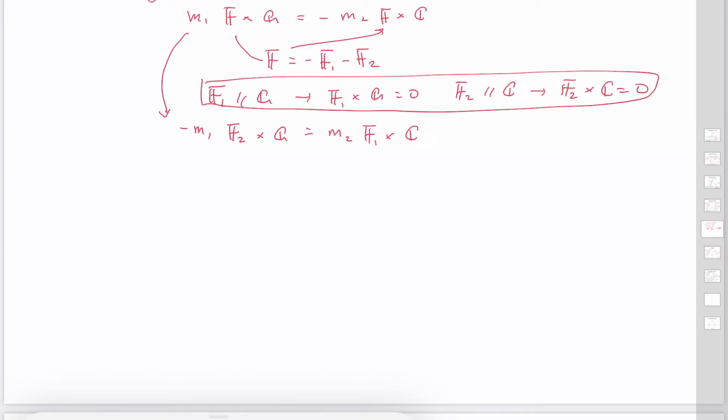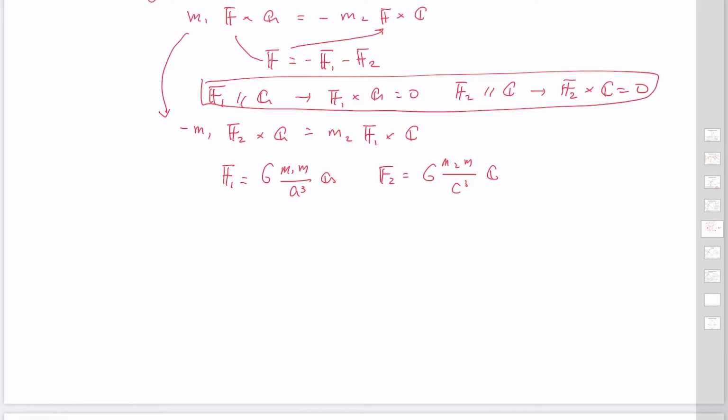Then you can express F sub 1. F sub 1 equals G m sub 1 m over a cubed times the A vector, the gravitational force acting between m and m sub 1. F sub 2 equals G m sub 2 m over c cubed times the C vector.